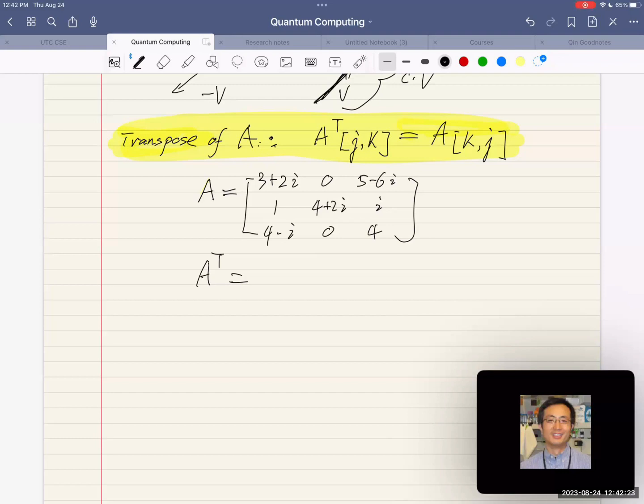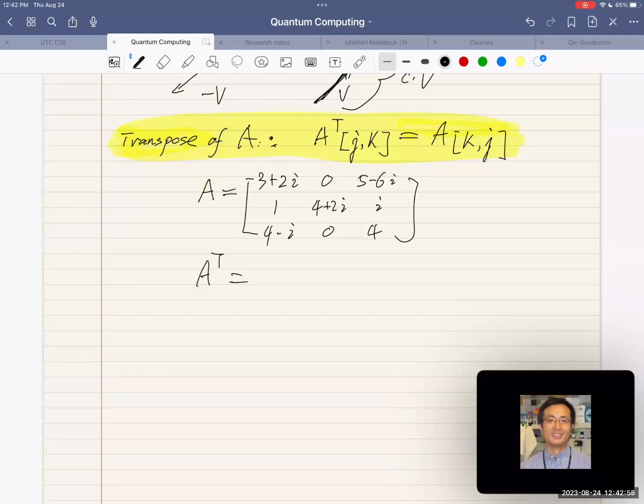If you look at the transpose definition, that means every diagonal, when the indices are the same, will remain the same. Everything on the diagonal will remain there.